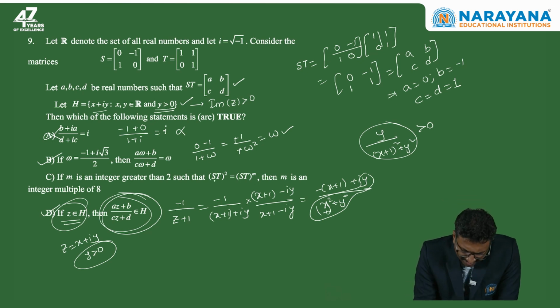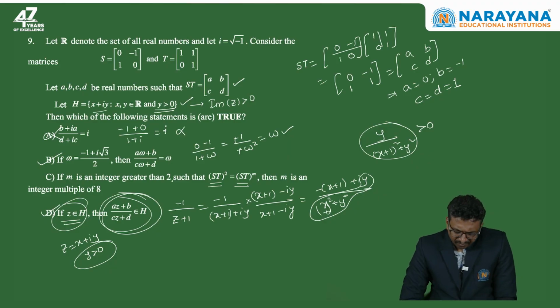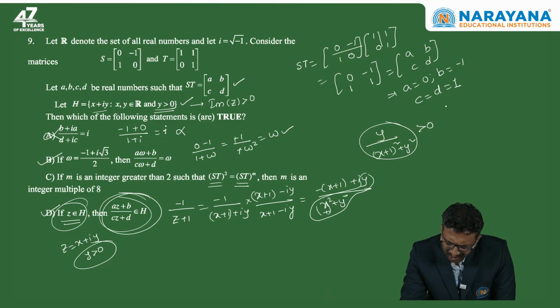So next they are asking if ST square is equal to ST power m, m is an integral multiple of 8. Let us see this. So what is ST square?